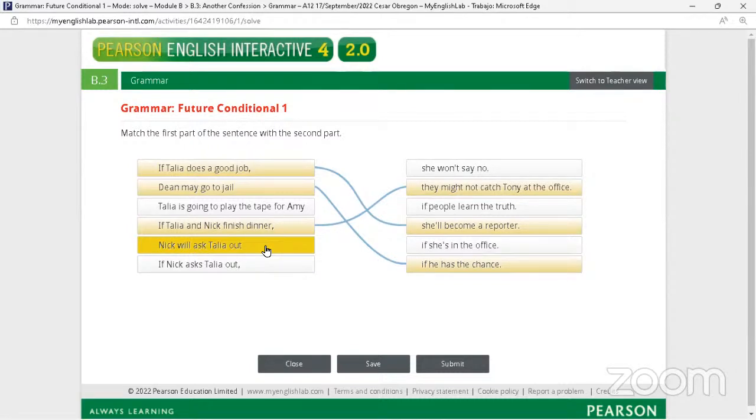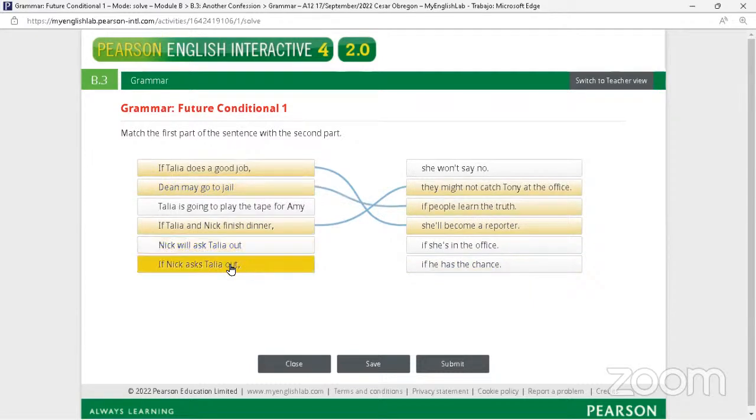Okay, my mistake. Dean may go to jail if people learn the truth. And Nick will ask Talia out if he has the chance. If people learn the truth, and Nick, the last one, if he has the chance. Nick will ask Talia out if he has the chance.